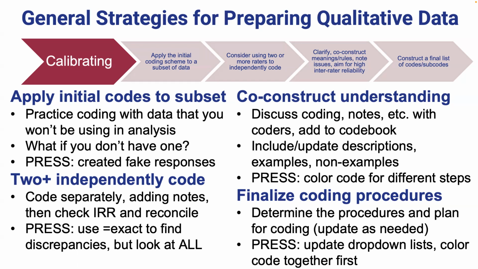IRR can be measured in multiple ways, and simple agreement is one of the reliabilities. Simple agreement is the simplest way: you had this many codes and we agreed on this many of them. But you see how it's not as specific, it combines things that shouldn't be combined. But again, you just have to justify and document everything.